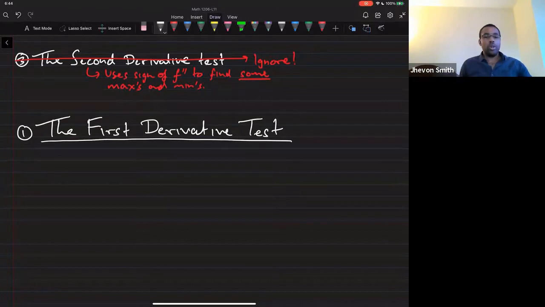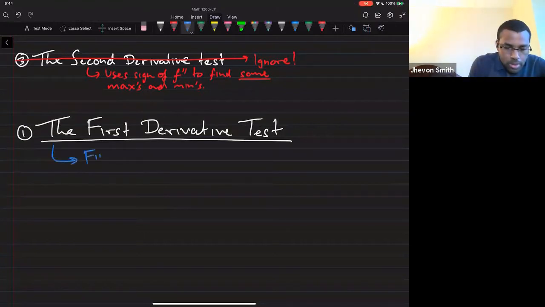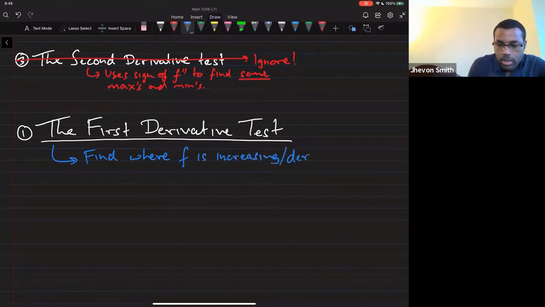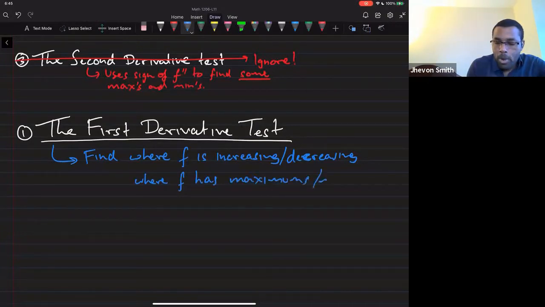So let's get through it. We want to find behaviors like, I mentioned this already. Find where f is increasing, decreasing, and where f has maximums or minimums.